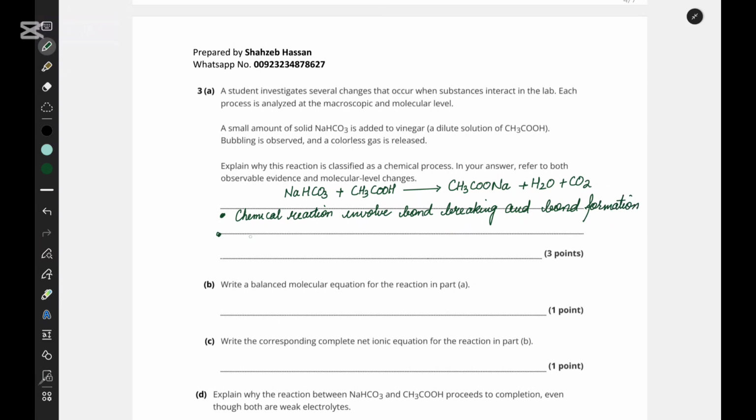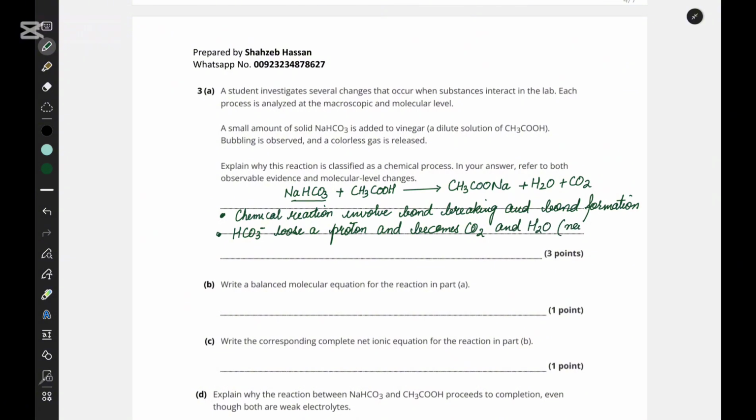HCO3 minus loses a proton and becomes CO2 and H2O as well.